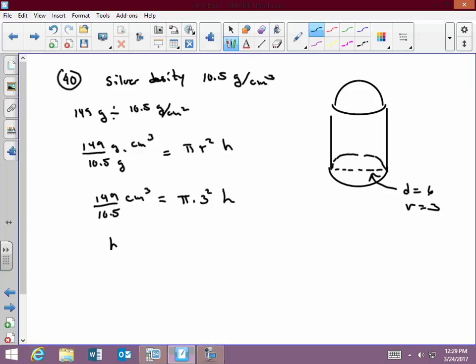So h, if it's pure silver, and we divide both sides by pi and 3 squared, is 149 over 10.5 times pi times 3 squared. If I put 9, it confuses me. I'm dividing both sides by pi and 3 squared to get h. And this would be the height in centimeters.